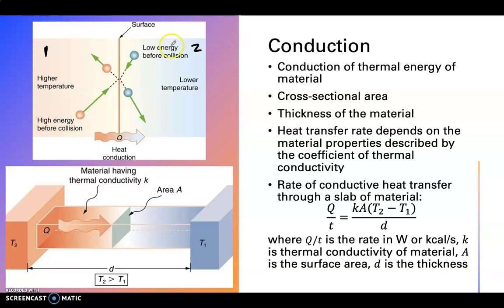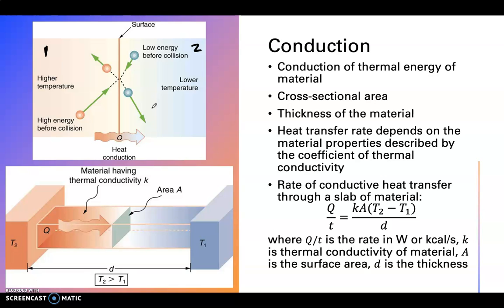This is showing the energies before and after they collide with this surface. So on this first side, we have a higher energy because it has a higher temperature. Then once it comes to that surface, it loses energy to the other side. The one with lower energy is gaining energy and therefore gaining temperature.